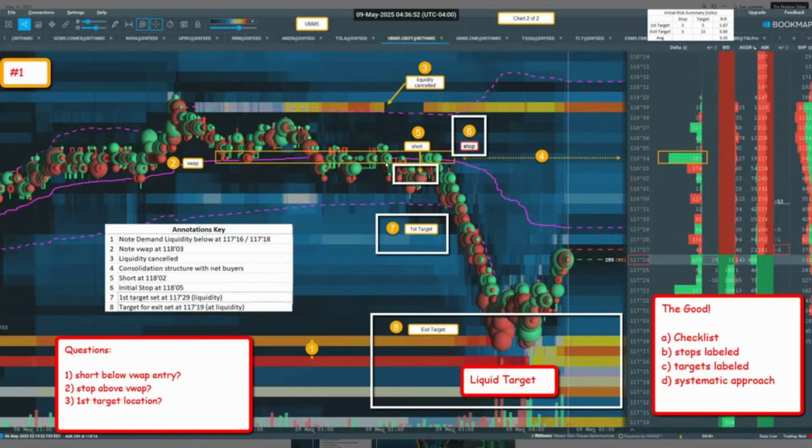And then my stop is just, coincidentally, over VWAP, but it's just over that last high where I got in. I keep them really close, and then my first target, there's a little bit of liquidity there at 28, and I'm pretty quick about taking my targets, my first target, because it's a way in which I can harness the risk of participating.